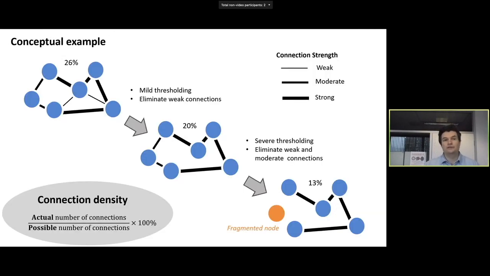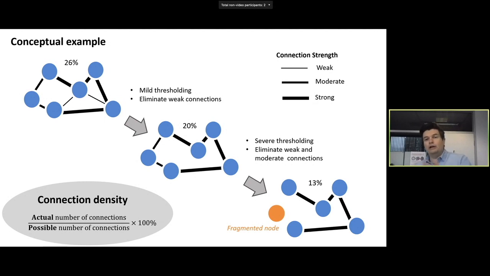So here's a conceptual example of thresholding. We start here. This network has three types of connections: weak, moderate, and strong. And so in the first step, our network comprises connection density of 26%. Connection density is just the actual number of connections in our network divided by the total possible number of connections. So in the first step here, we eliminate the weakest connections, and this reduces the connection density to 20%.